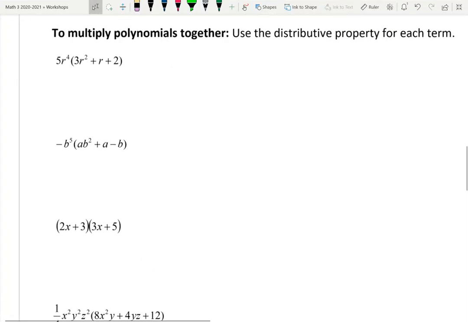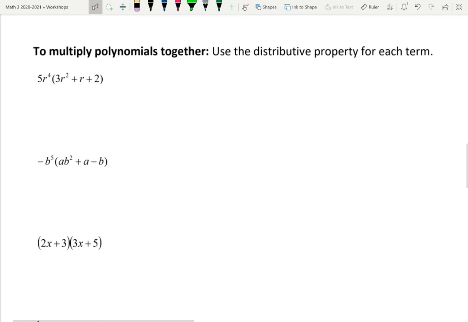Looking at this first problem, I have to multiply the polynomials together. And in the traditional sense, I would have to multiply this 5r to the fourth to each term, hence why it's called distributing, evenly distributing to every single term.